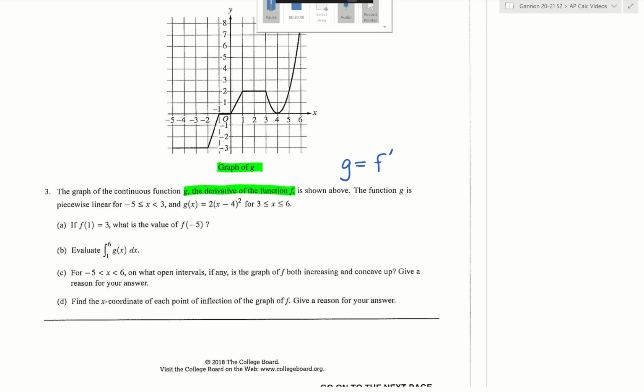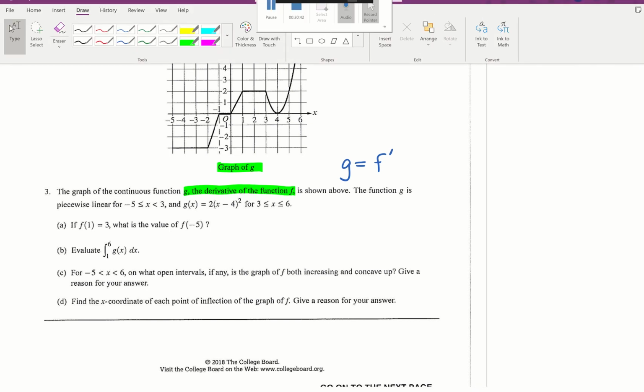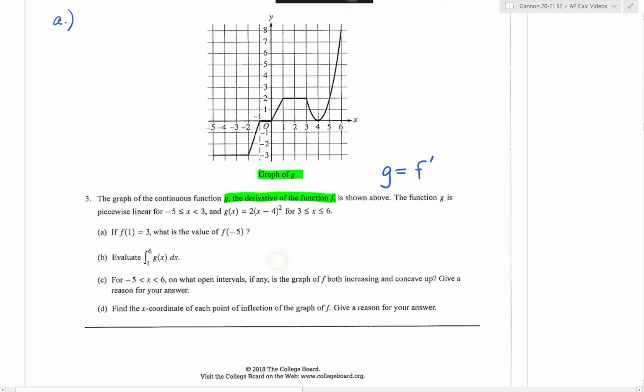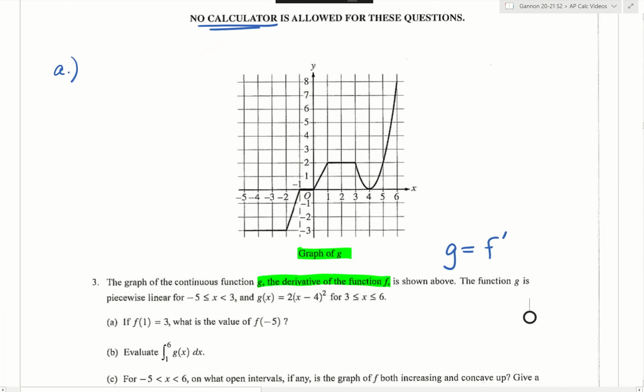So basically, what we would know, all right, and I'm going to kind of start A up here so we can use a little bit of room, is if we took the integral from negative 5 to 1 of g of x, it's going to be essentially f of 1 minus f of negative 5.